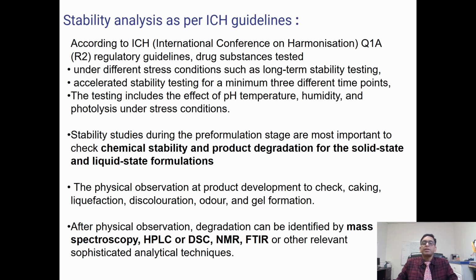As I said, we have to collect samples at a minimum of three time points and analyze physically how these things change with respect to time. Coming to physical observation, degradation can also be identified. The changes can be identified with the help of mass spectroscopy, HPLC, DSC, NMR, or FTIR study.